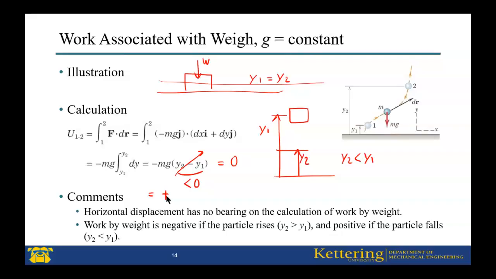The work by weight is negative when a particle rises. To raise something, I need to spend some energy. I need to give energy to the system. This thing doesn't give me energy. And it is positive if the particle falls. When this one falls, you will see some impact.